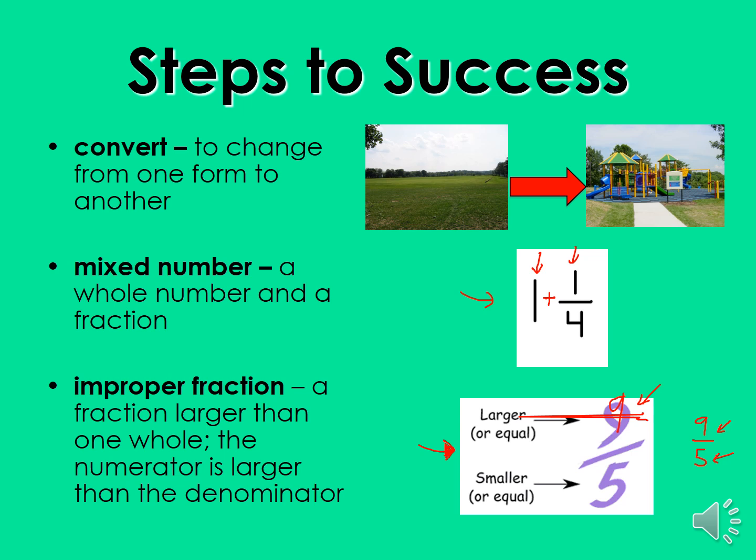I think it was last lesson, if we had one like this, and these are split into halves, so if we had 1, 2, 3 halves, that'd be 3 over 2. So you can see with an improper fraction, it's going to be more than one whole one.